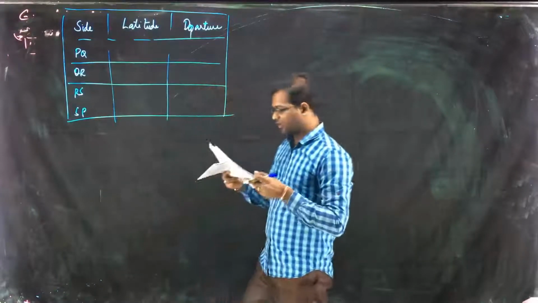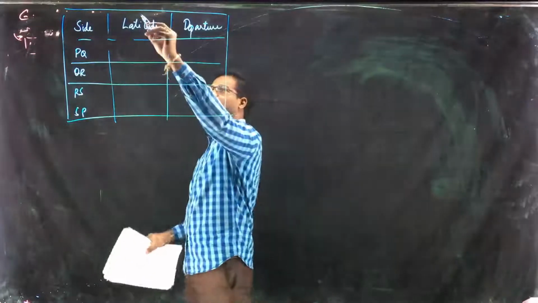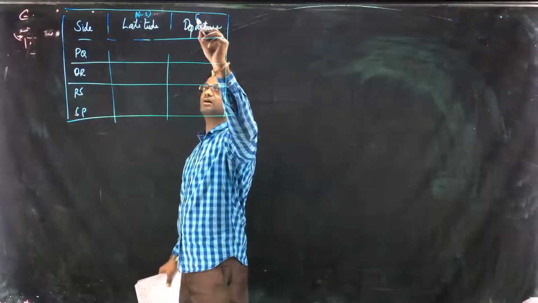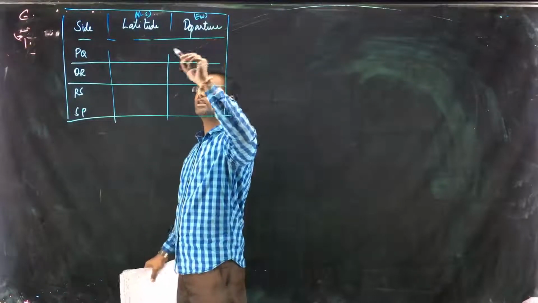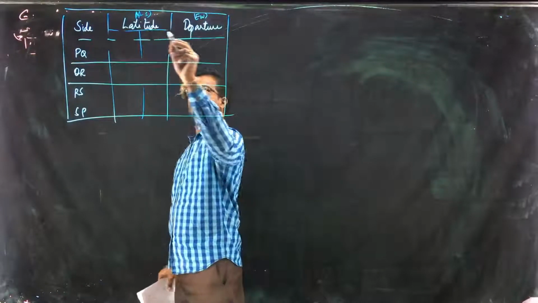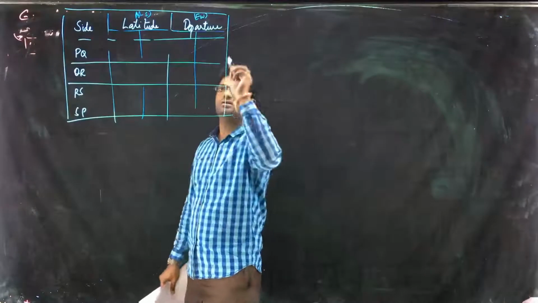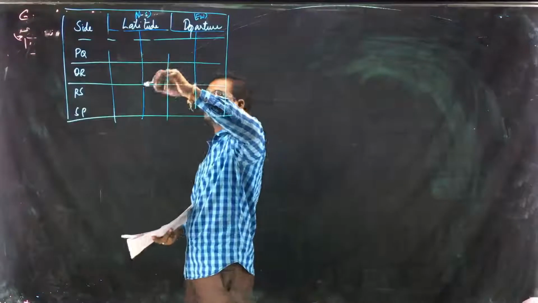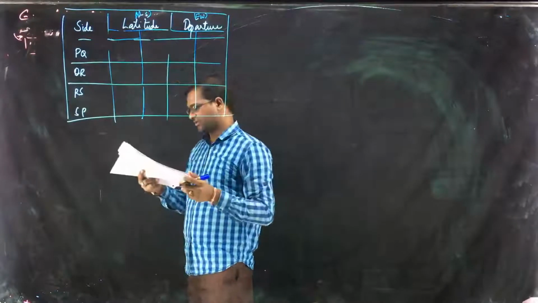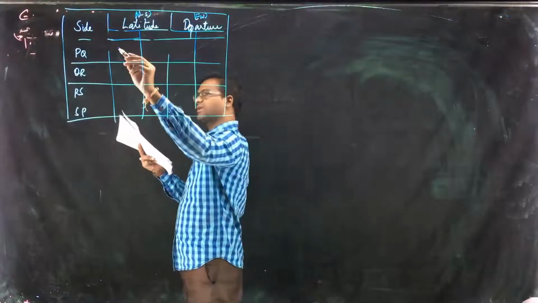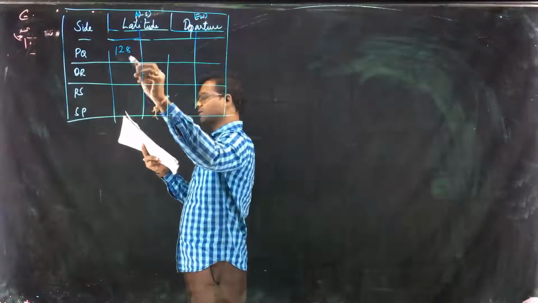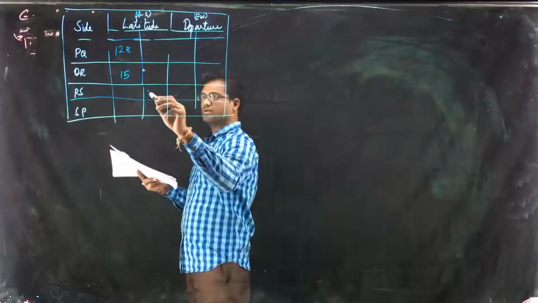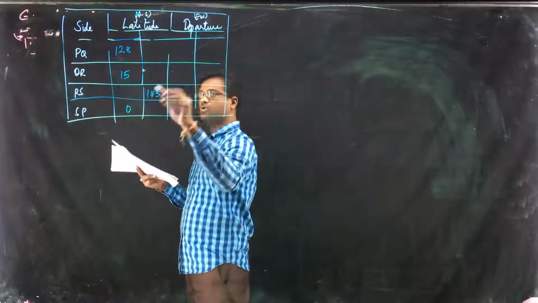Latitude is normally taken on the north and south scale, and the departures are taken on the east and west scale. So again we have bifurcated boxes in latitude, and in departures also we have north, south and east, west. So the values here are 148, here is 15, and here is 143, here is 0.